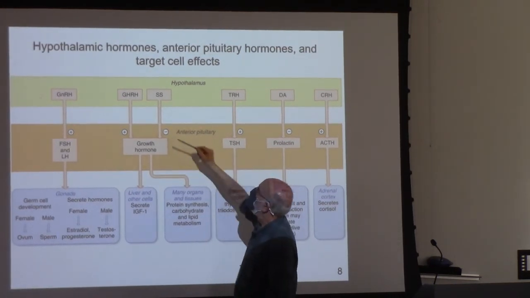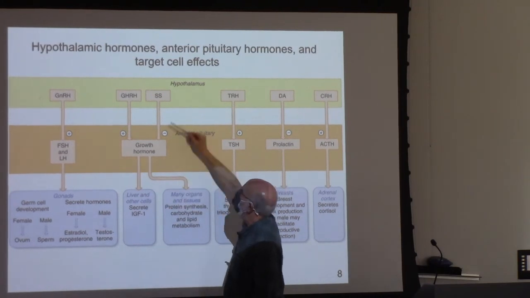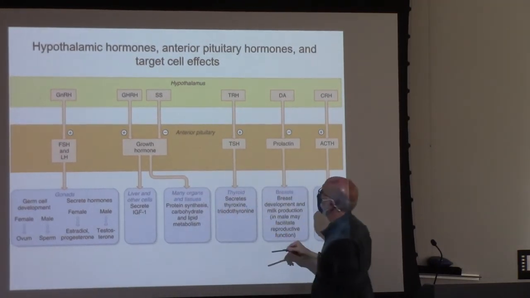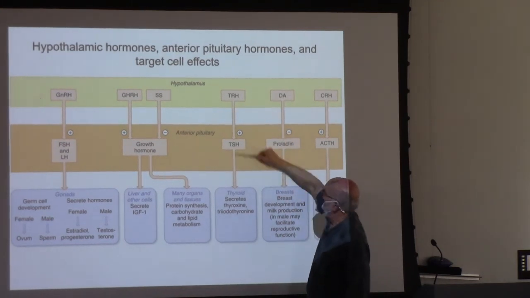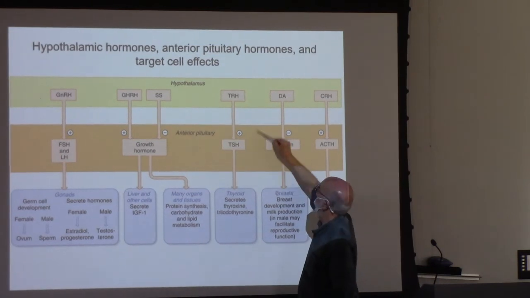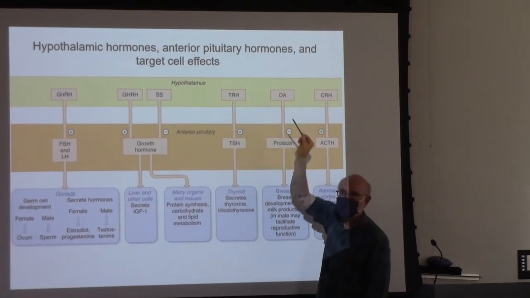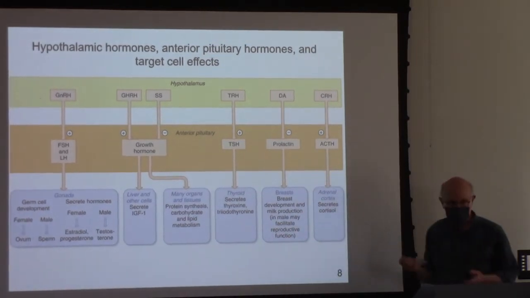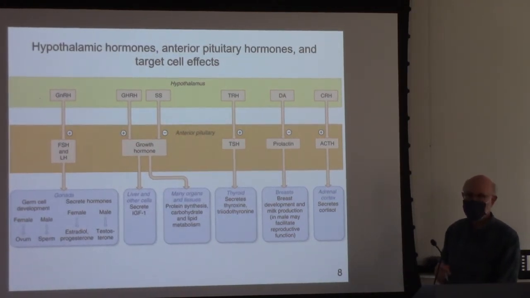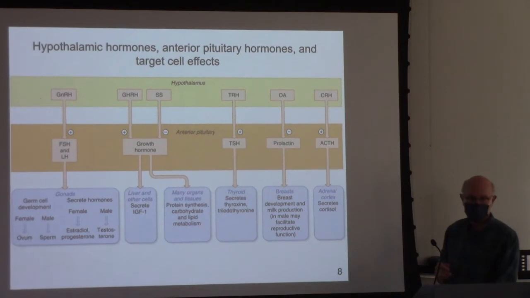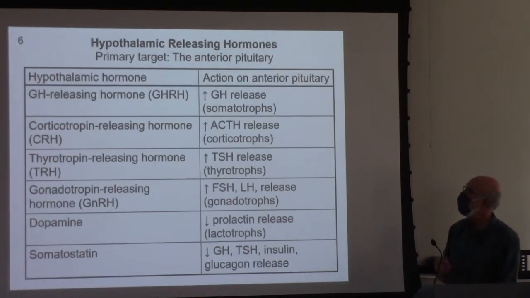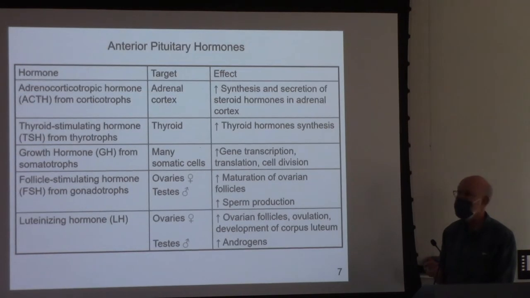So positive feed forward, negative feed forward, and what we're not seeing, where's TSH? Positive feed forward, and then you have to imagine negative feedback. So this slide covers the same material. If you like graphic representations, use this slide. If you like more table-based information, use these two slides.